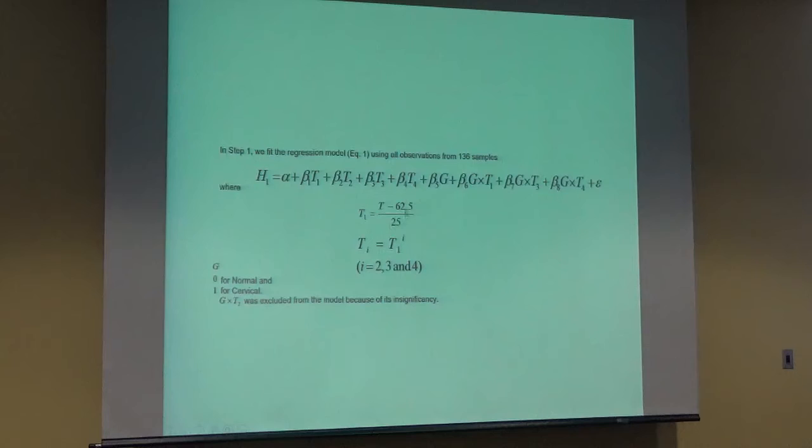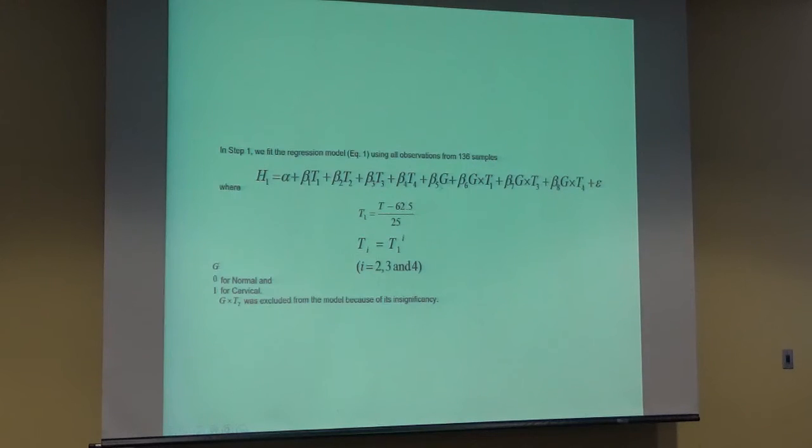Then T1 is this, and Ti is T1 to the power i. Why am I doing power? Because when you look at the graph, it's more like a polynomial, so I can fit a few degree terms: first degree, second degree, third degree and fourth degree polynomials.